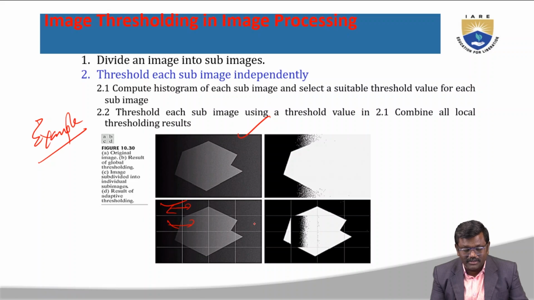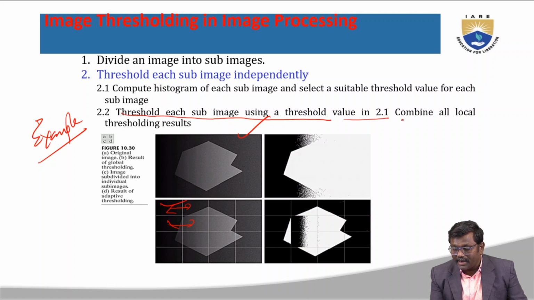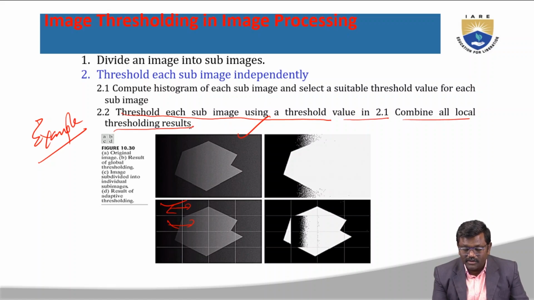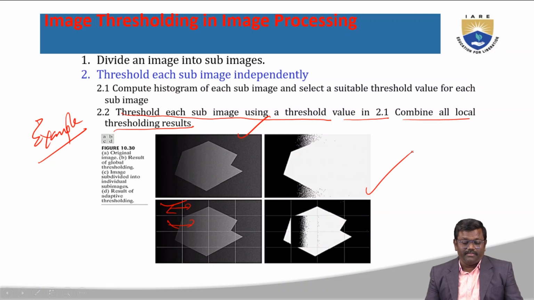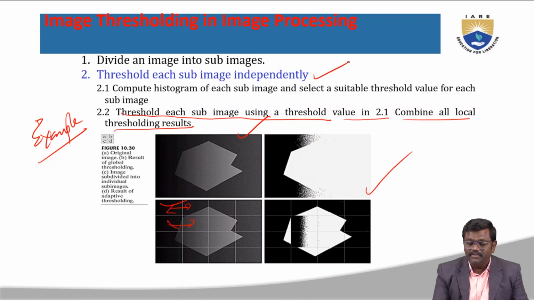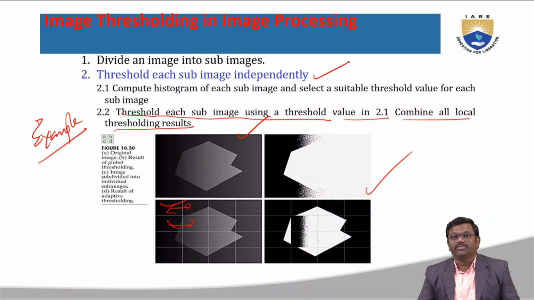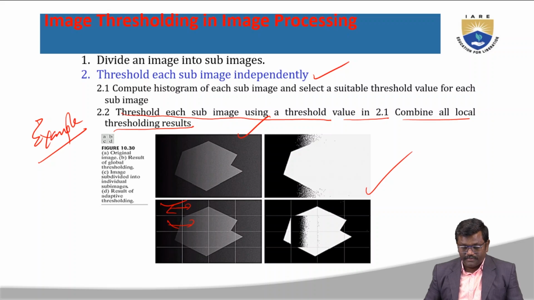By comparison, we threshold each sub-image using a threshold value, and combine all the local threshold results to attain the required image. That is what we achieve, thresholding each sub-image independently. This independent process is automatic. The type of thresholding we are using here is adaptive thresholding.